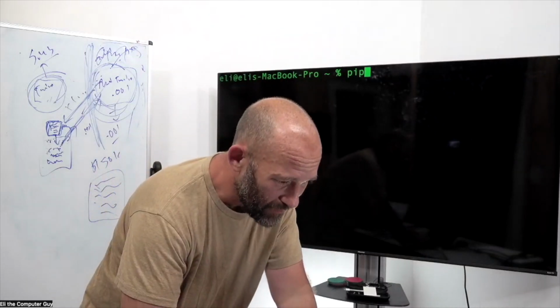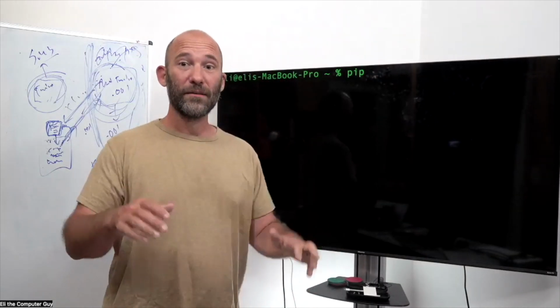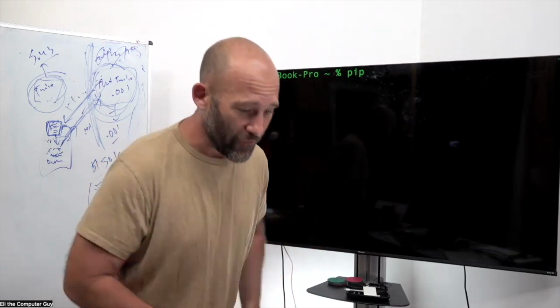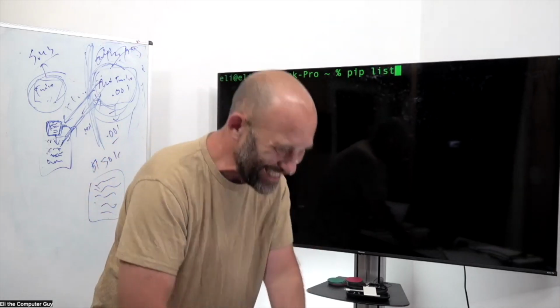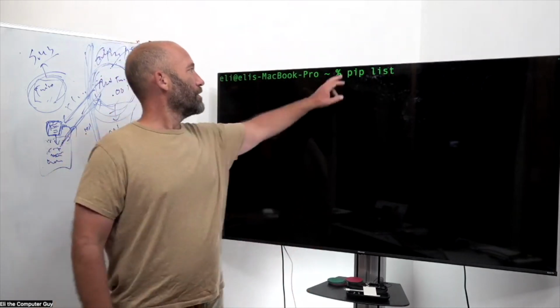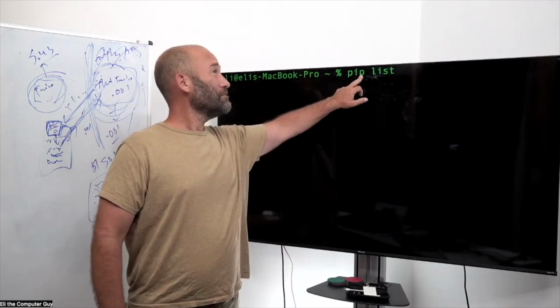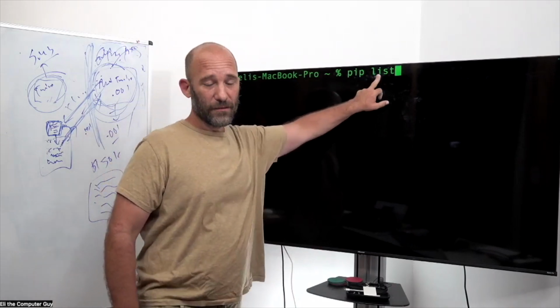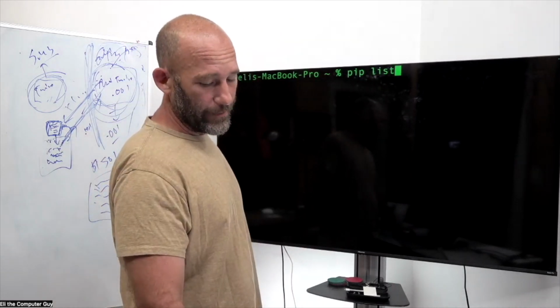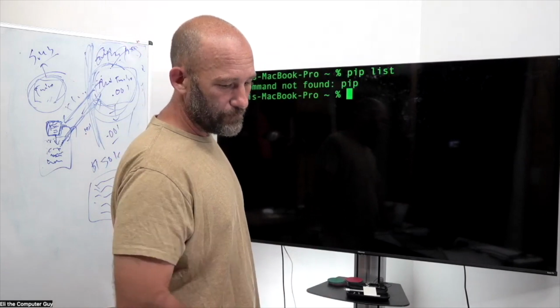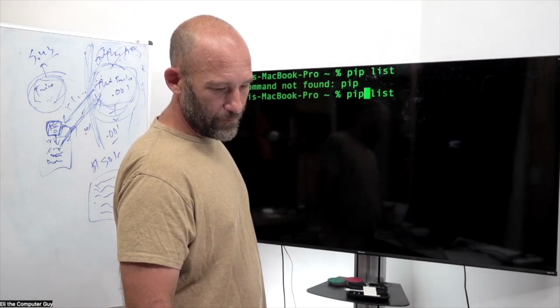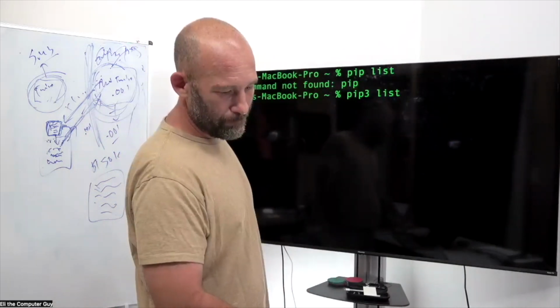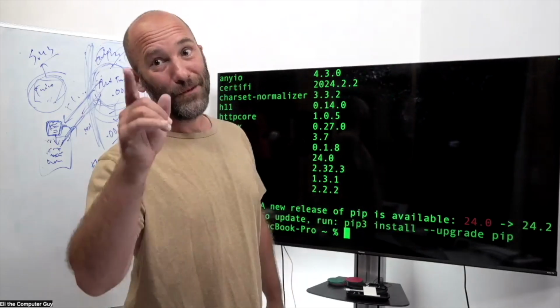If you're trying to figure out whether the requests module is already installed within your environment, you can do pip list. This is the package installer program, I think it is, list. It'll tell you all of the modules that are installed. Oops, pip3. There you go, use pip3.